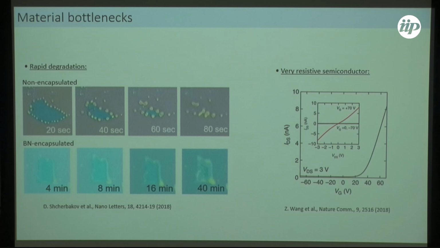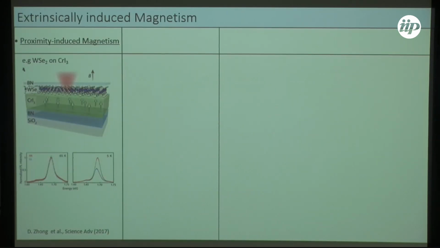But all these 2D magnets are intrinsic magnets, and you can also induce the magnetism with extrinsic methods. It was already shown yesterday by Paulo, and today Roland was talking about it. Basically, you can do proximity-induced magnetism by placing a non-magnetic material on top of a ferromagnetic material.